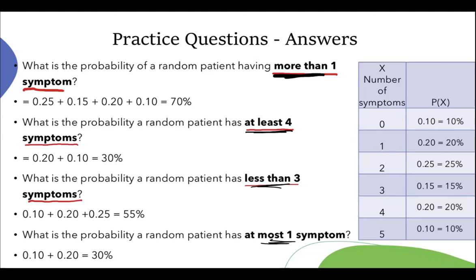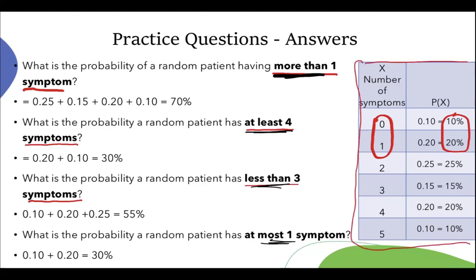At most 1 refers to both 0 and 1, and the probability is the sum of p of x for x equals 0 and x equals 1. So we add up 10 and 20 and we get 30. Answering questions based on a probability distribution table shouldn't be too difficult.